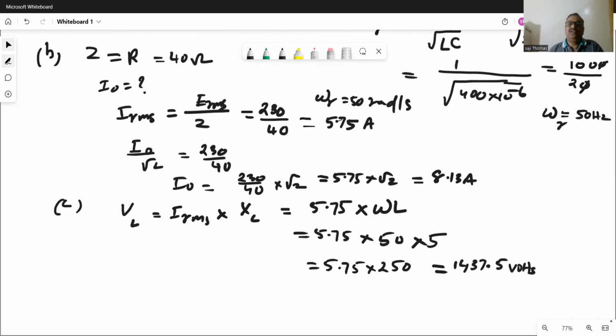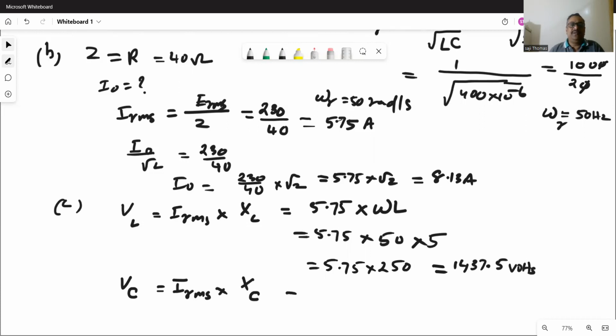Now you need to find the RMS potential difference across the capacitor. That is VC. What is the equation? Similarly, IRMS into XC.